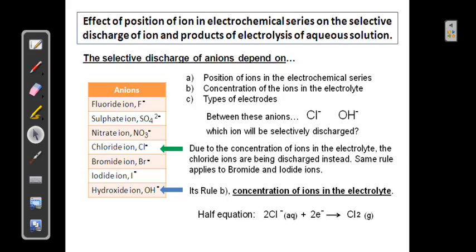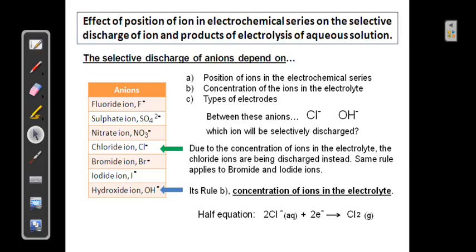When 2 chloride ions give off 2 electrons, the chlorine forms a molecule, what we call chlorine gas, and is given off as gas. This can happen, but in other cases, OH- will be discharged in the form of oxygen and water, but we will look into that later on.